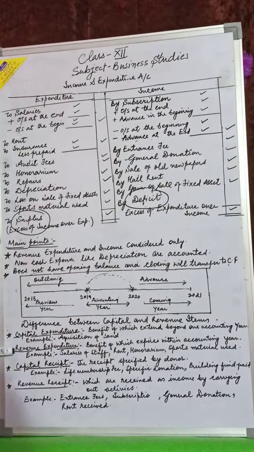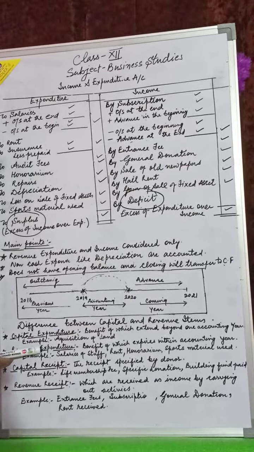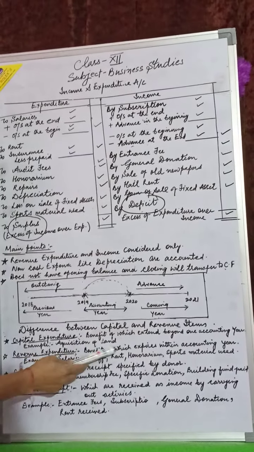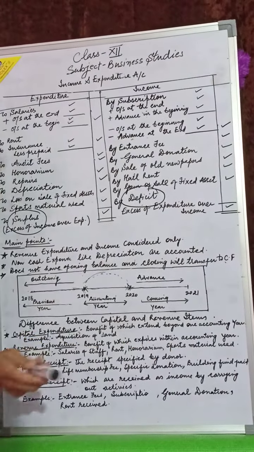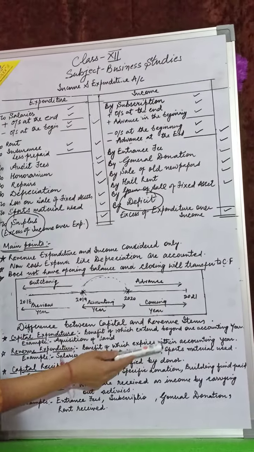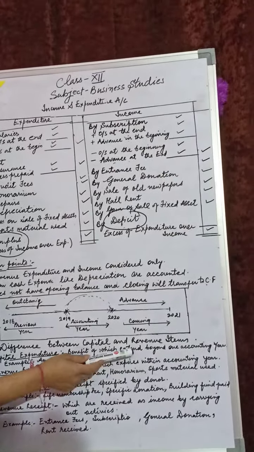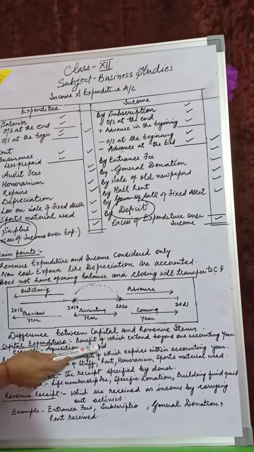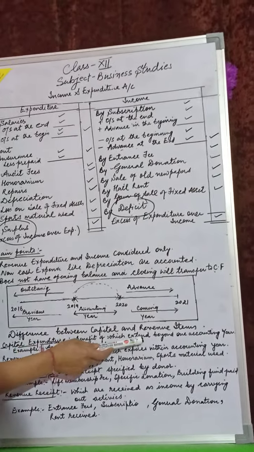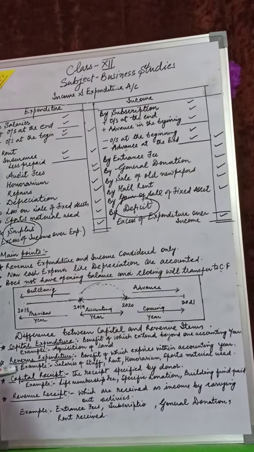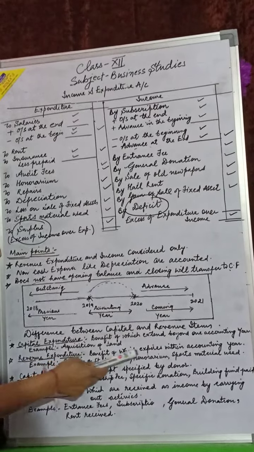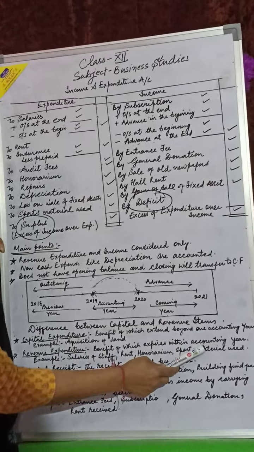Second one is revenue expenditure. Revenue expenditures are those whose benefit expires within the accounting year.